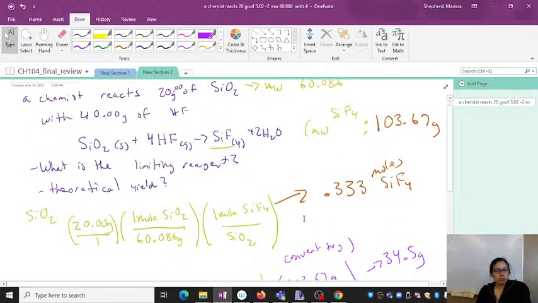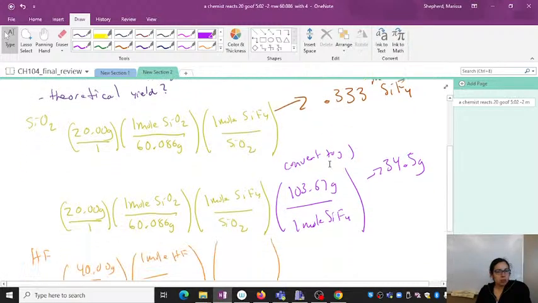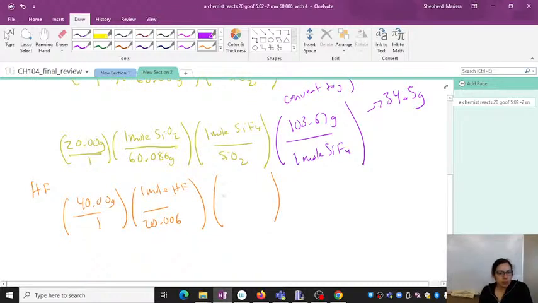Let's do HF and silicon tetrafluoride. So what's the ratio? 1 to 4. So our 4 moles of HF goes on bottom to cancel out 1 mole of silicon tetrafluoride on top.